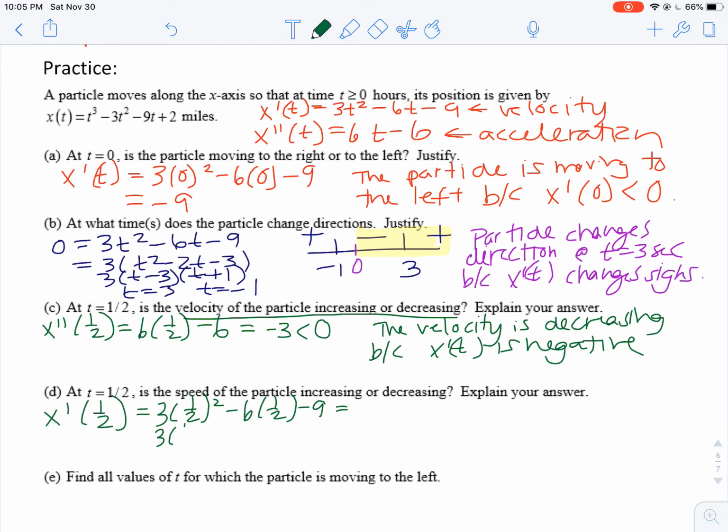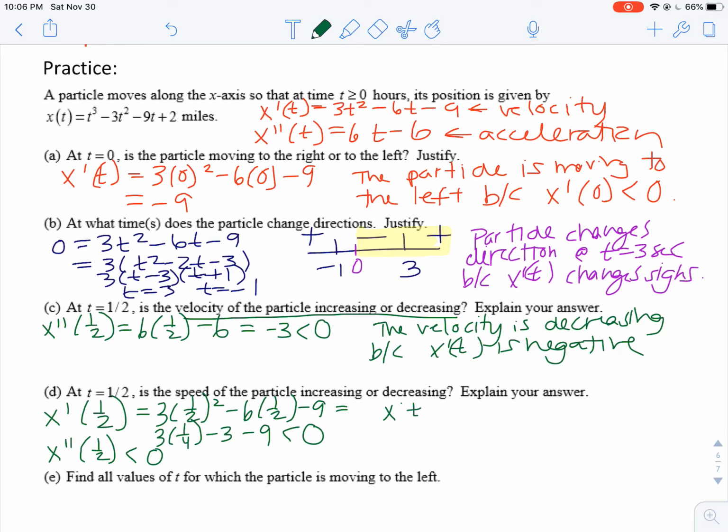I didn't even finish it when I did it on my notes. Minus 3, minus 9. I just knew it was going to be negative. So like in a problem like this, if you don't feel like working with fractions, you can just say, all right, I know that's negative, less than 0. X double prime at 1/2 was also negative, was less than 0, so they were both negative.